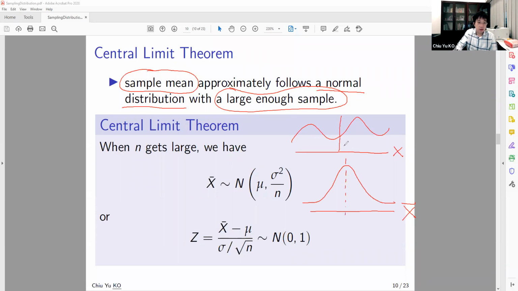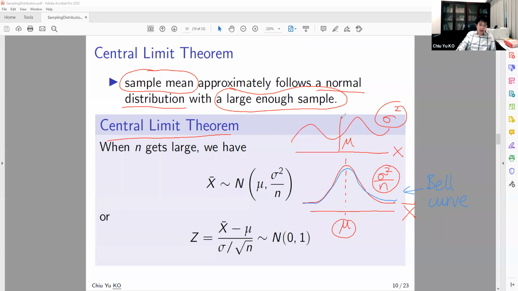If the population has mean mu and variance sigma squared, this sample mean always has mean mu and variance sigma squared over n, which we know already. We just proved this. The importance of the central limit theorem is that it is a bell curve. The bell curve is the key of this theorem. Regardless of what the population is, we don't need to care about that. When you have a large enough sample, the sample mean always follows this bell curve.